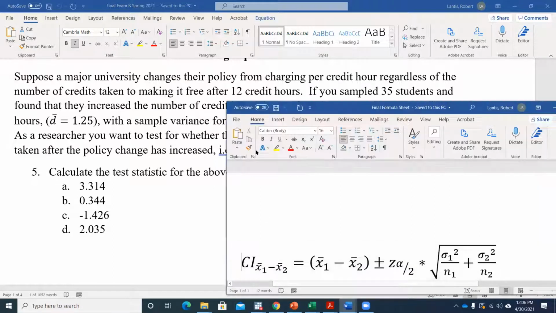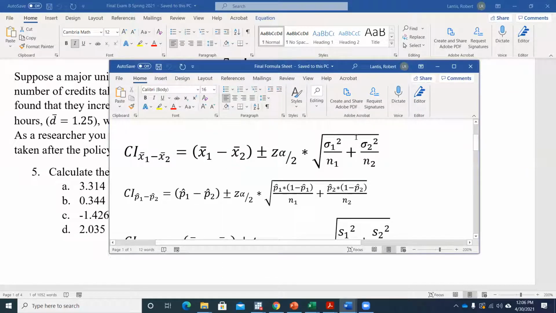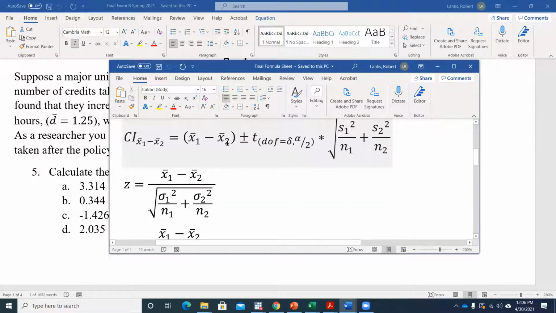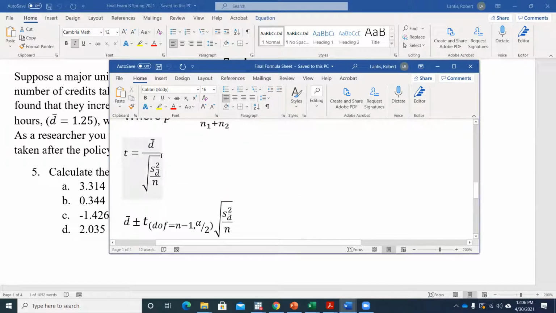On that formula sheet, I don't have any population variances, I don't have a proportion, and this isn't looking at a difference between groups. Hopefully I can match up what I see in the problem with the test statistic. And if I wanted a confidence interval, here's the confidence interval equation. It even reminds me that you should be using the student t distribution, and your degrees of freedom is simply n minus 1.